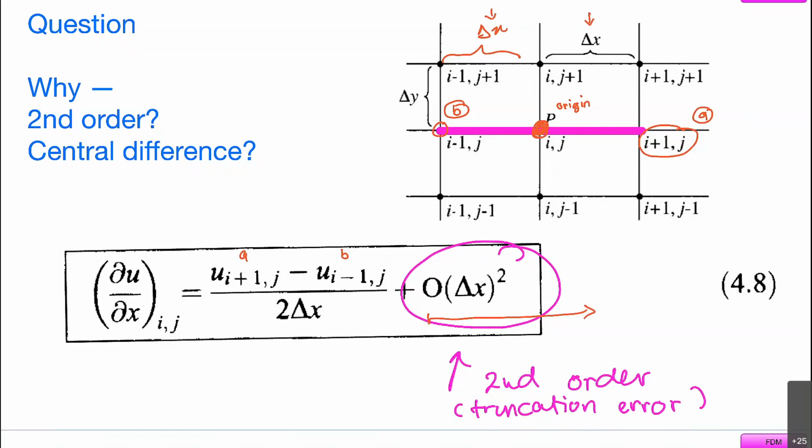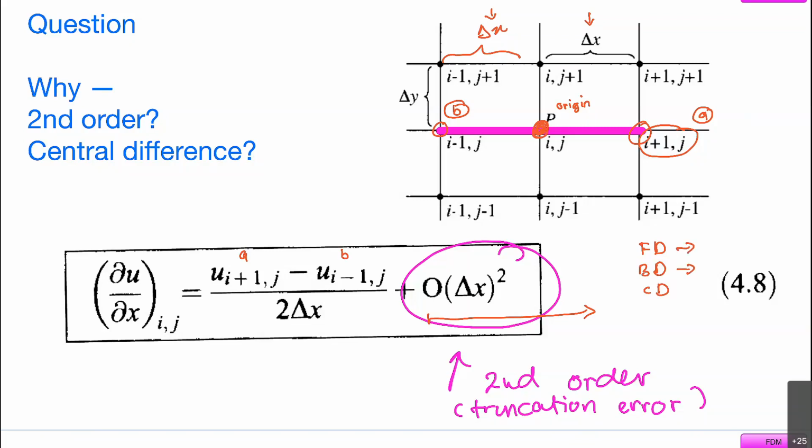We have now covered the forward difference, where we use the right side of the element minus the origin. The backward difference uses the left side minus the origin. And the central difference uses the right and left elements to calculate the origin.